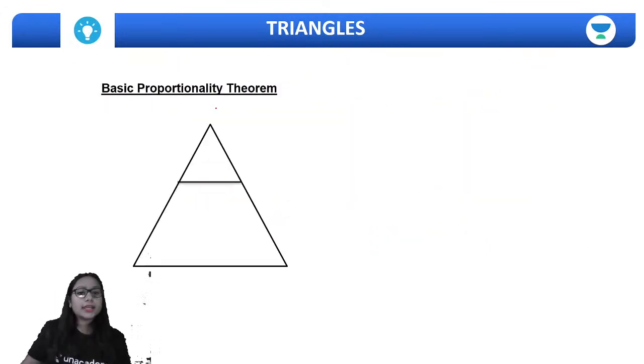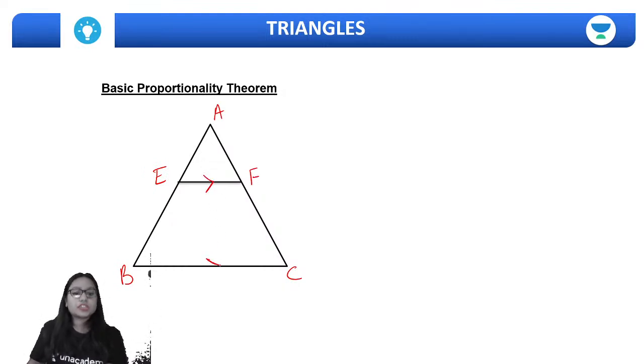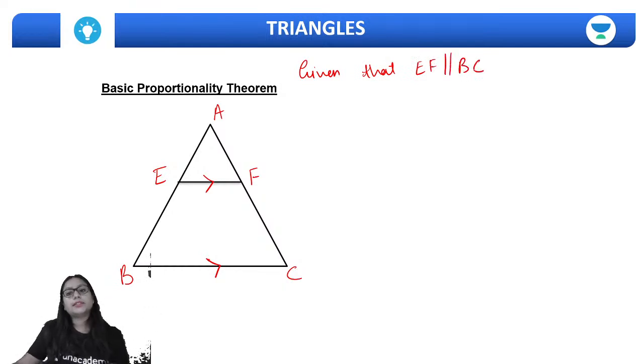So in a triangle ABC, this is a triangle ABC, and this is a line segment EF, which is parallel to BC. So it is given that EF is parallel to BC.